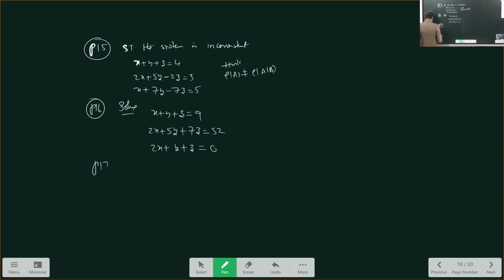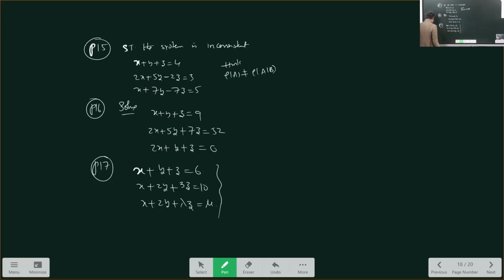P17. I think this problem we worked out. Let me write it down. You can practice it because it comes with a very important issue. x plus 2y plus 3z is equal to 10, and x plus 2y plus lambda z is equal to mu.